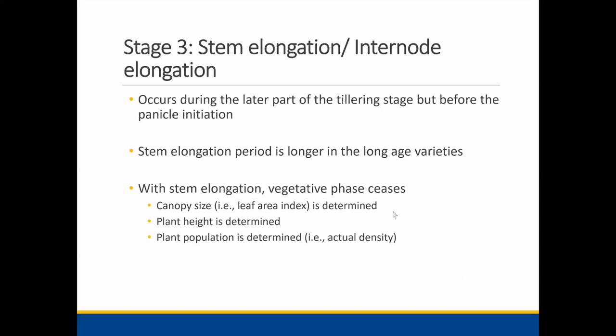So that's why during the vegetative phase you have to target an optimum growth for these growth parameters, by applying all the management carefully. Maybe water, maybe fertilizer, maybe you have to control pests and diseases that eat the leaves.